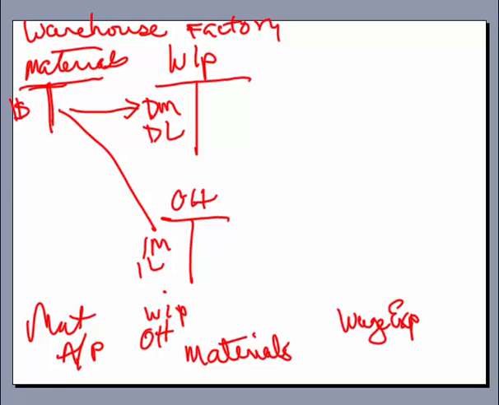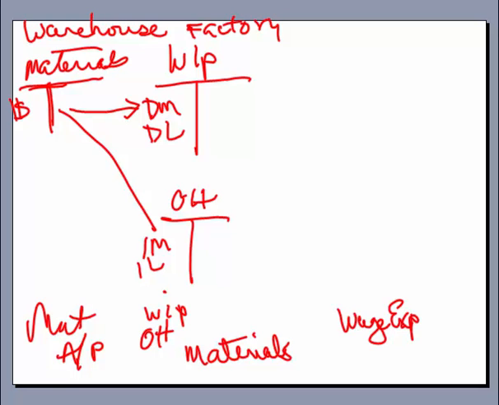In other words, that's your selling and general and administrative. So you would debit work in process for your direct labor, debit overhead for your indirect labor, debit wage expense for your selling and administrative, and then credit wages payable for the sum of all 3 of those.